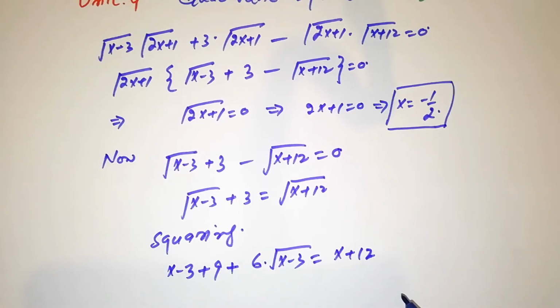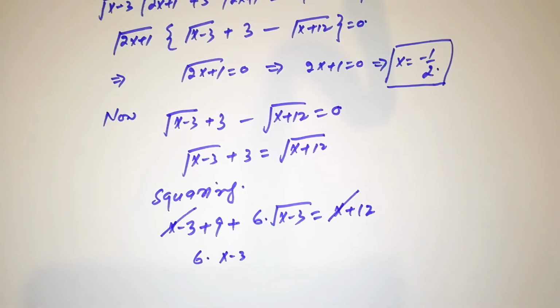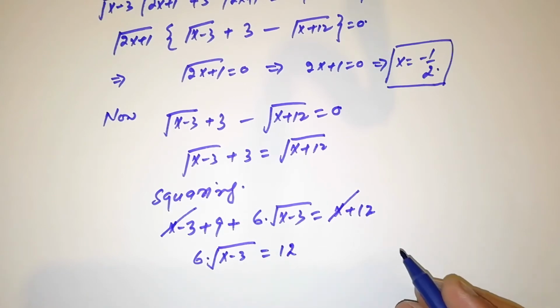So this x can be cancelled and we have 6 square root of x minus 3, and this is equal to 12 minus 6.